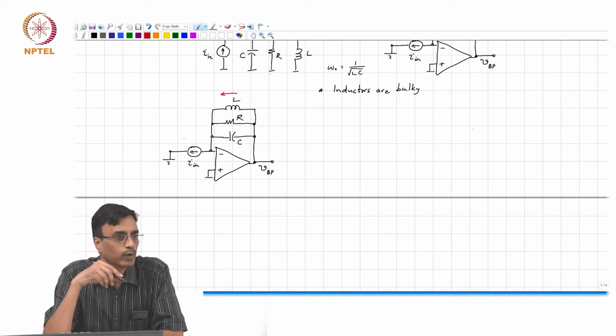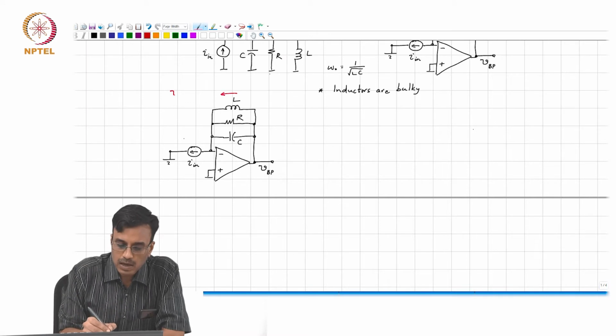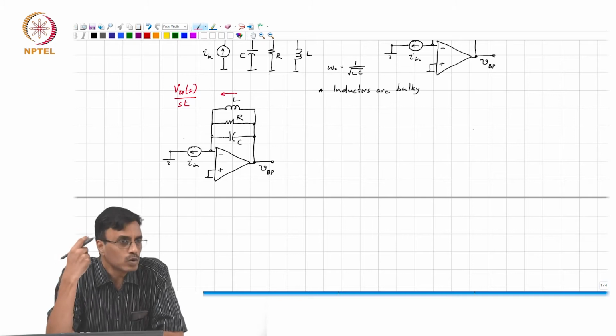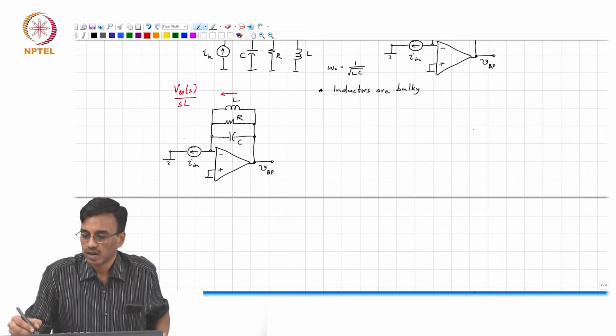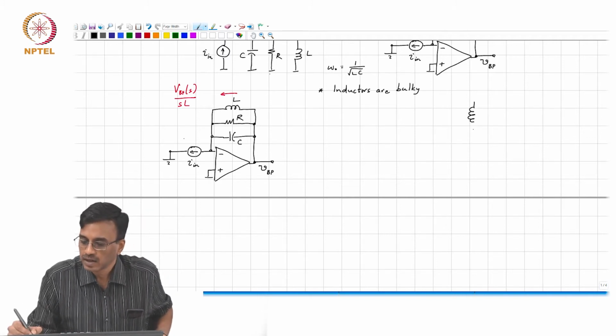It is VBP of S by SL, correct? So in the time domain, what does this correspond to? Integration.